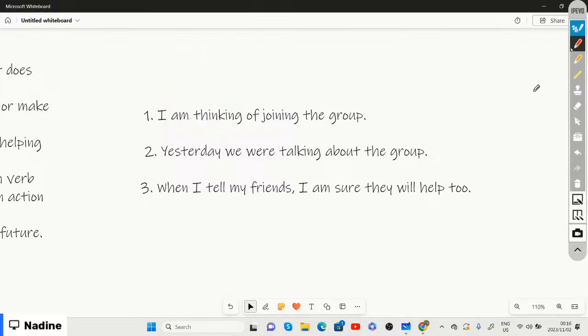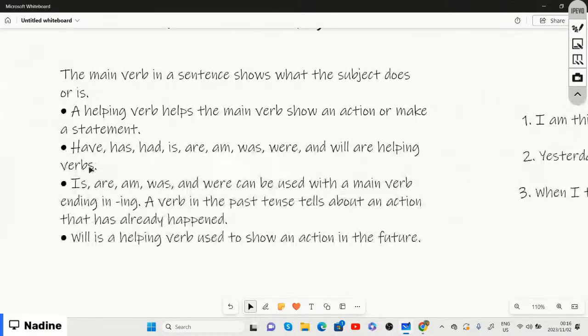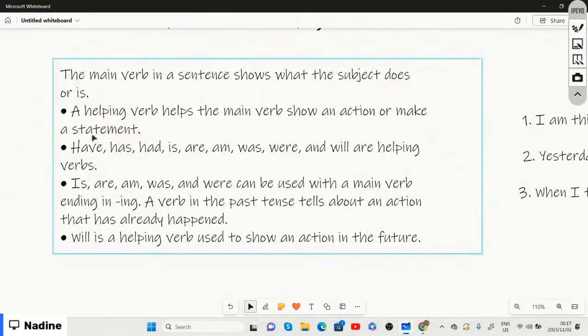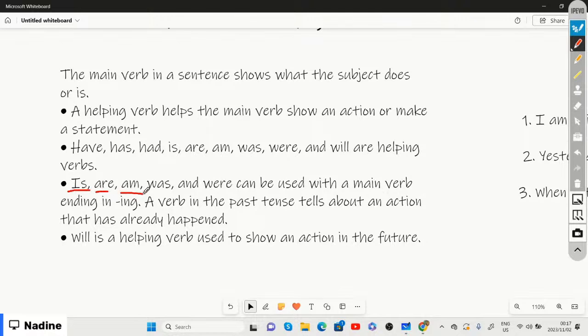If we go back to over here, let me underline it. So here we have a few common examples of helping verbs. So the helping verbs are is, are, am, was, were, right?